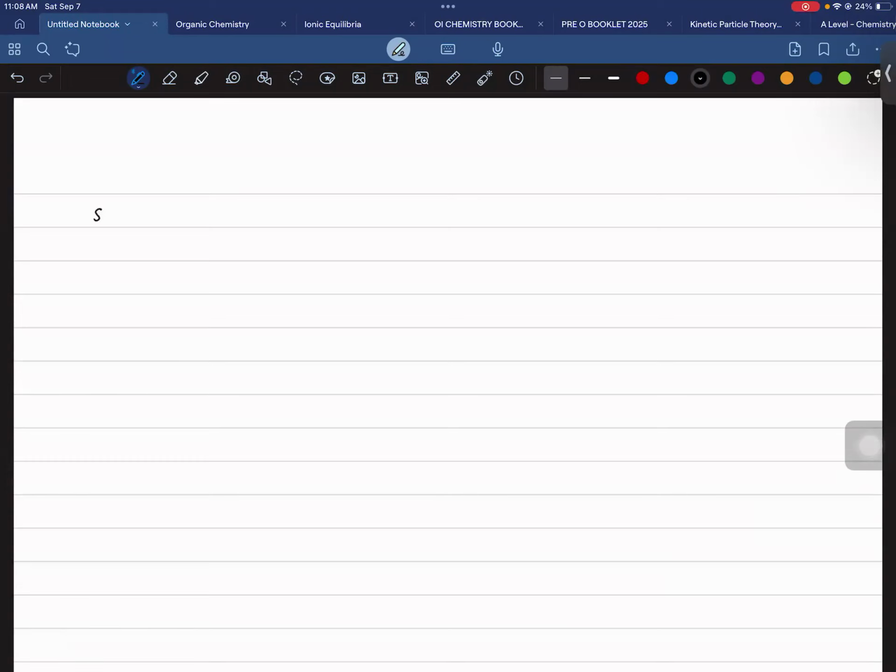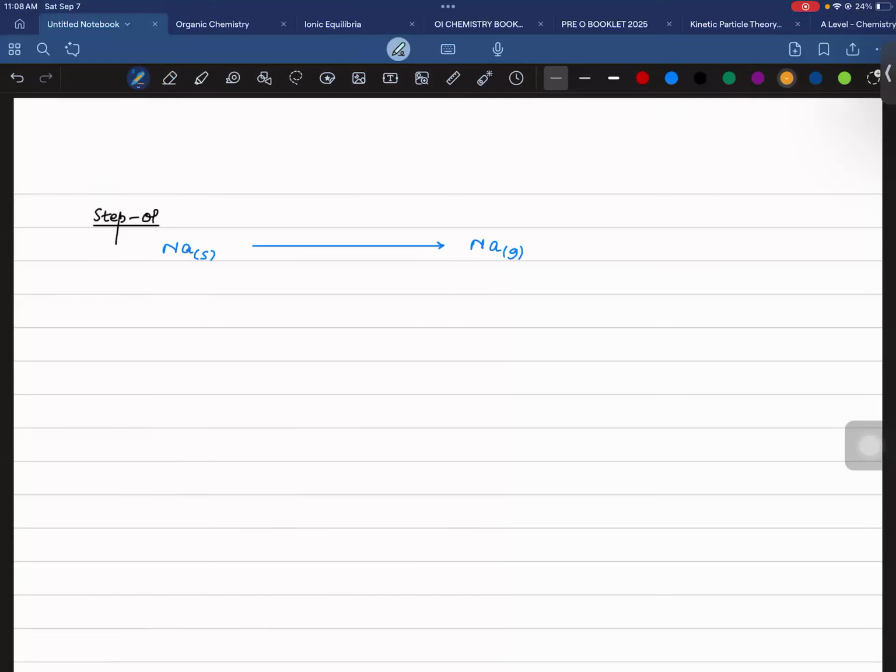First of all, in step one, I would be converting this sodium solid into sodium gas. Can anyone tell me what's the name of the process if we are going to convert the sodium solid into sodium gas?